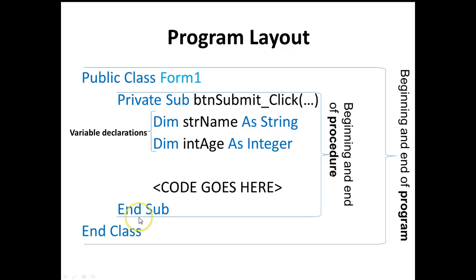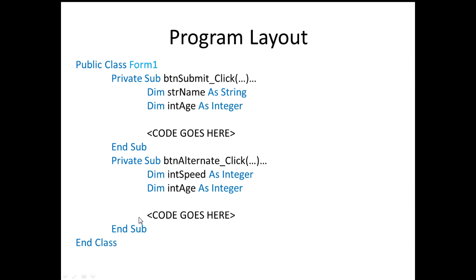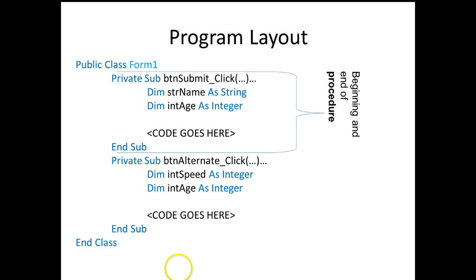Now, let's move on to a program that has multiple events with code inside them. For instance, if you look here, what you see is that first we have a procedure for our private sub for a click event for a button named btnSubmit.